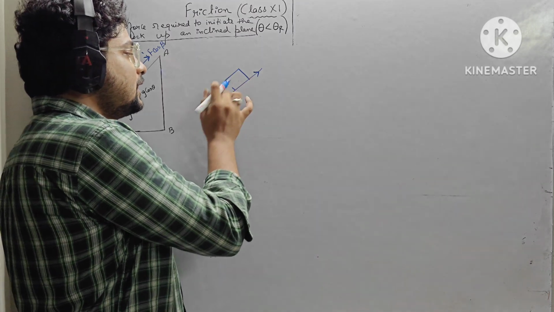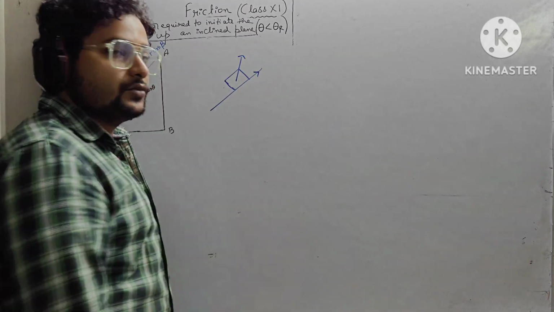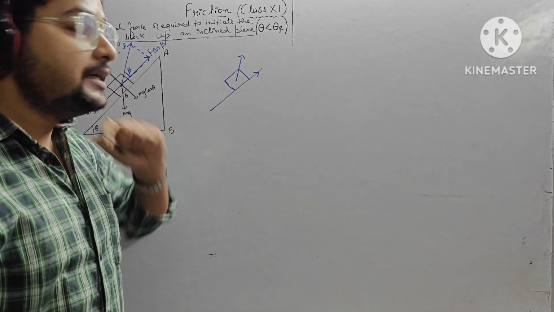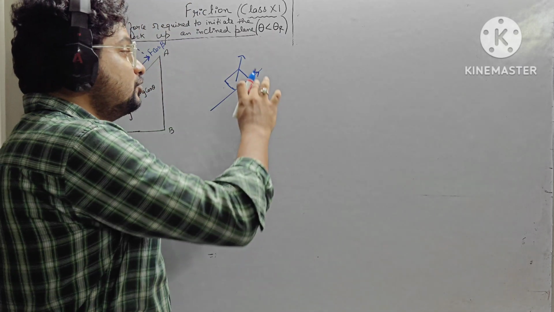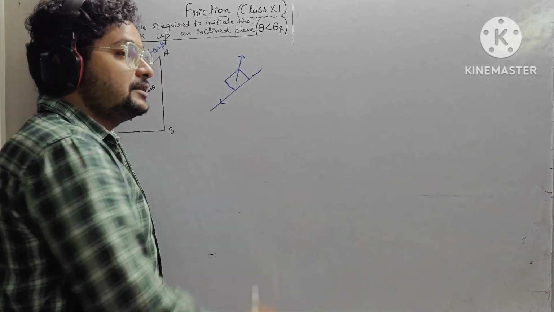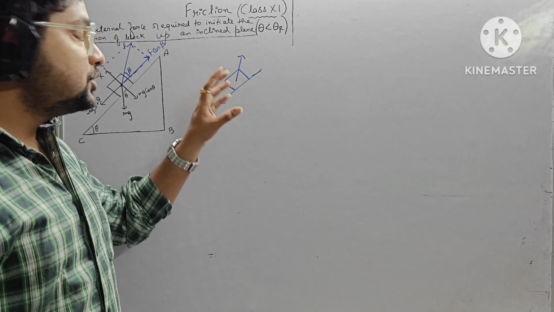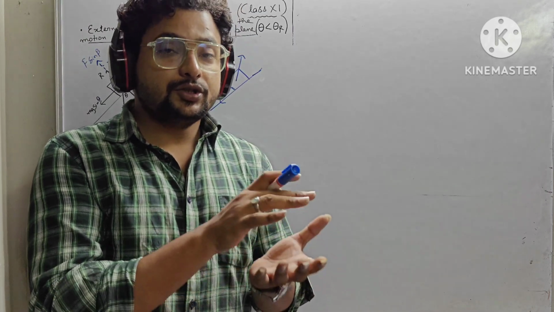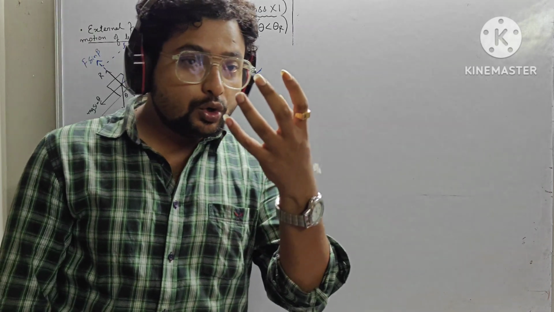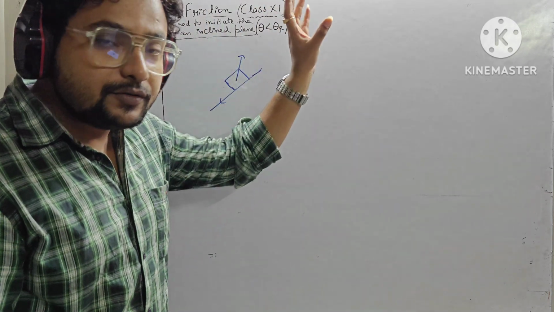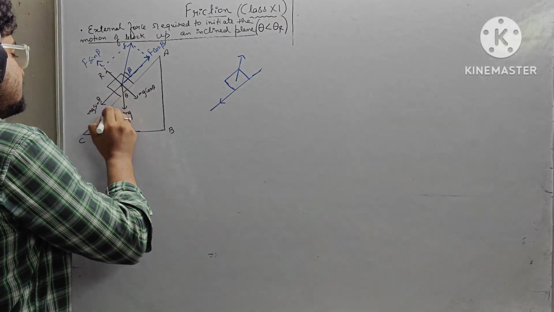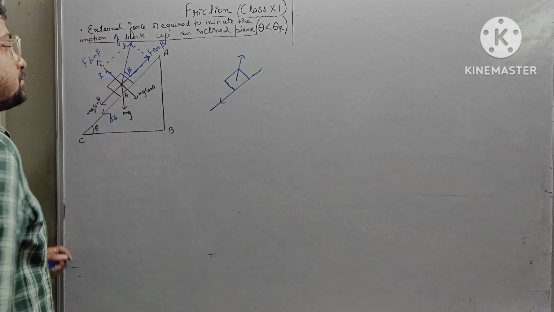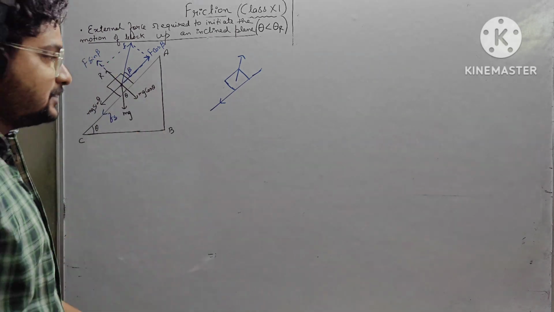But once I apply the force in this direction, the block has a tendency to move up, so friction now acts in the downward direction. When the block tends to go down, friction acts upward; when it tends to go up, friction acts downward. So friction Fs acts in this direction. I hope you understood the diagram.